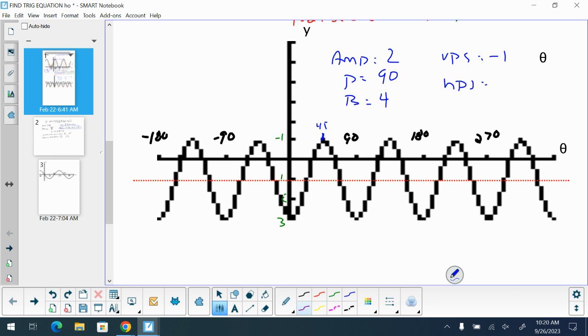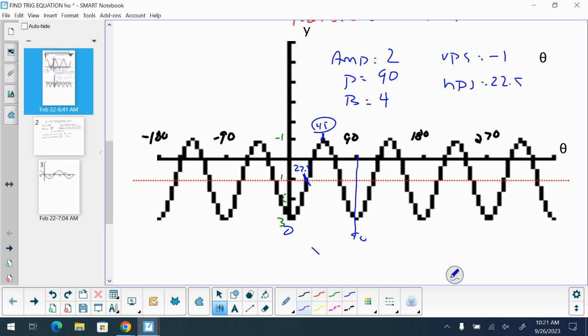Sine. Okay, so if you play your game of halves, you're at 90 here and you're at 0 here. So my peak is going to be at 45. So my halves between 45 and 0 would be what? 22.5. So if you use this positive sine, you would have to use 22.5.